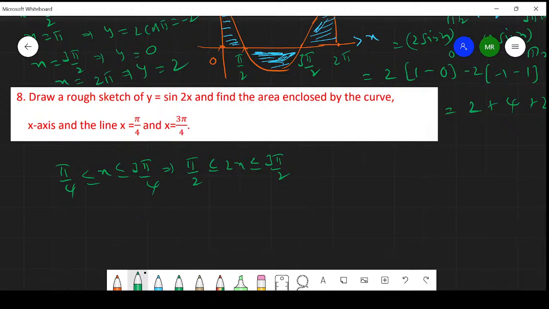Taking sin 2x, sin pi by 2 is 1, and sin 3 pi by 2 comes to minus 1. The graph will come between 1 and minus 1. You can see here, I can write it, reversing when I am using sine values.